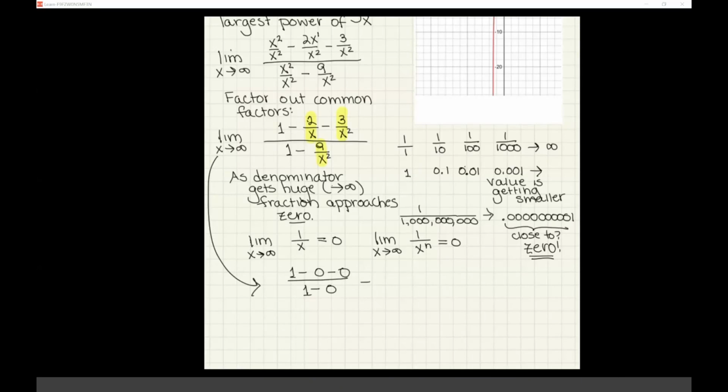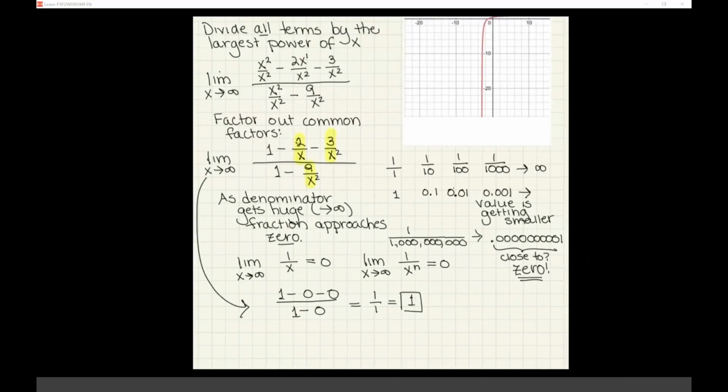And that's just 1 over 1, which is 1. So this limit is 1. So you divide out the largest power of x, and then any fraction with an x in the denominator is going to become 0 as x approaches positive or negative infinity. So you can ignore it. See, it turned into 0 here.